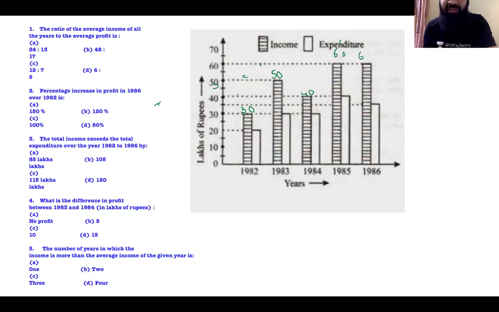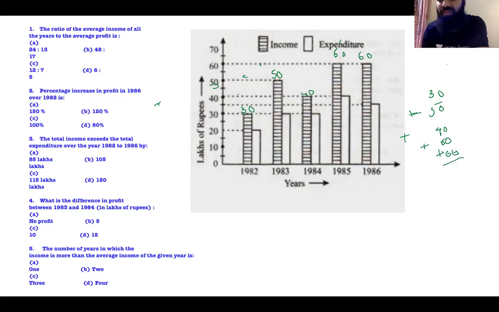This will be 60. So total income will be 30 plus 50 plus 40 plus 60 plus 60.